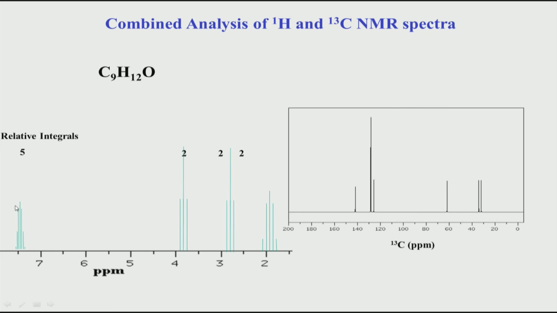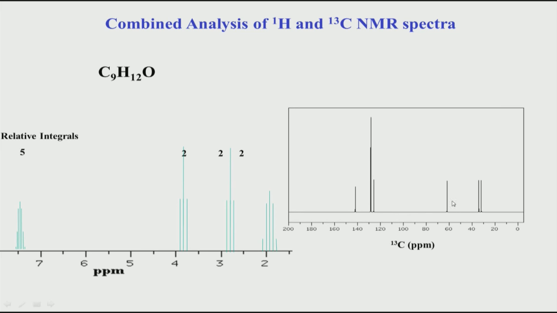Now, if you look at the bunch of peaks here between 7 to 8, similarly a bunch of peaks here, remember this all corresponds to aromatic groups. So, therefore, there is an aromatic moiety in this molecule. There is an aromatic moiety, there is an OH group. Now, if there is an OH group, you expect a downfield shift for the hydrogen which is near to the OH, that is CHOH.